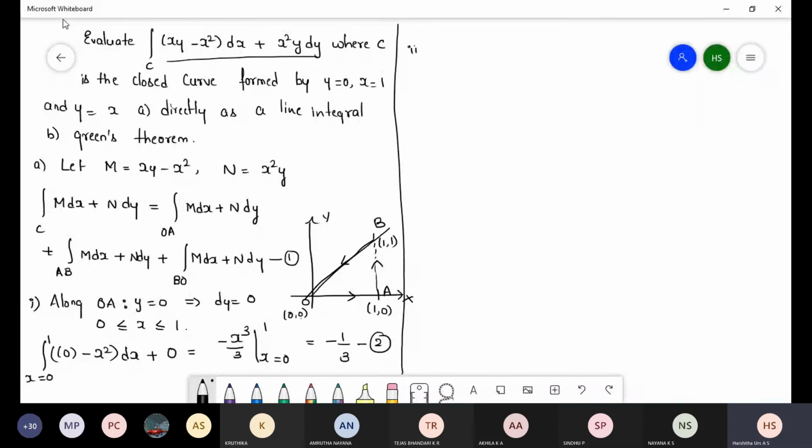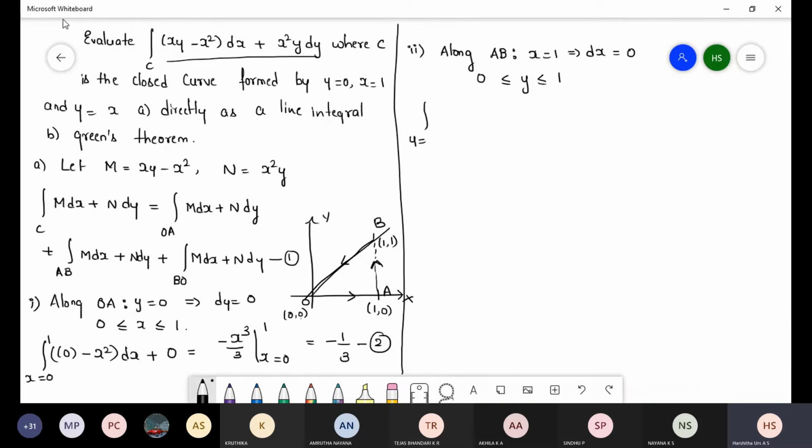Next, along the curve AB, which is the common point we have? See the direction. Yes, x is equal to 1. Differentiation, again dx is equal to 0. y varies from 0 less than or equal to y less than or equal to 1.